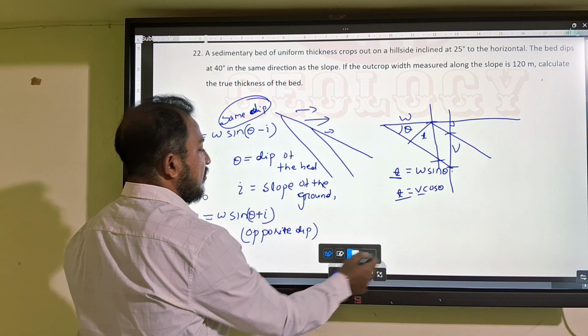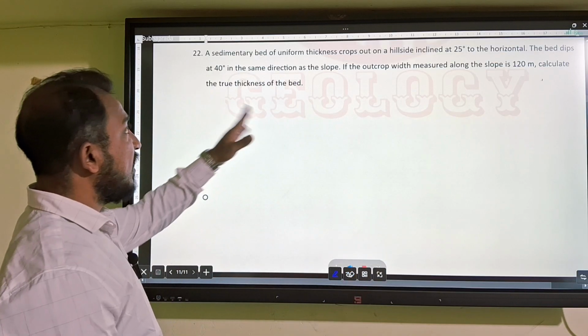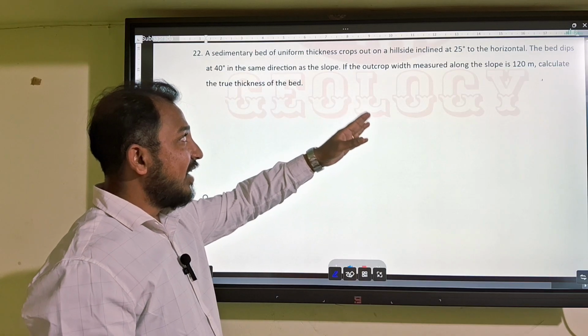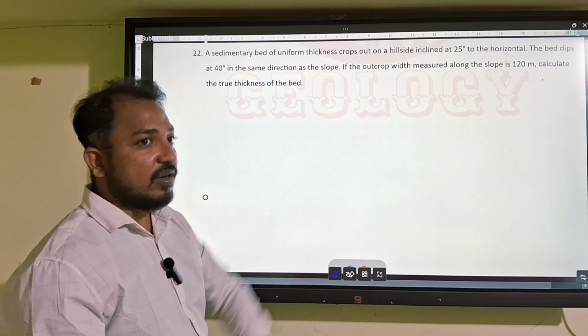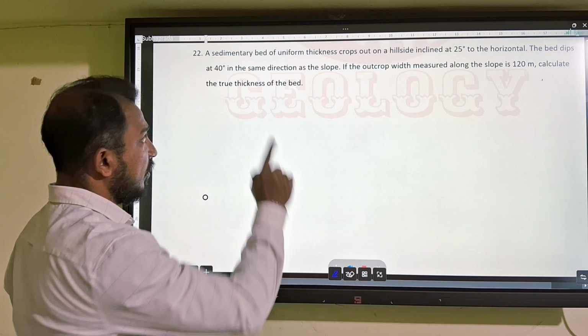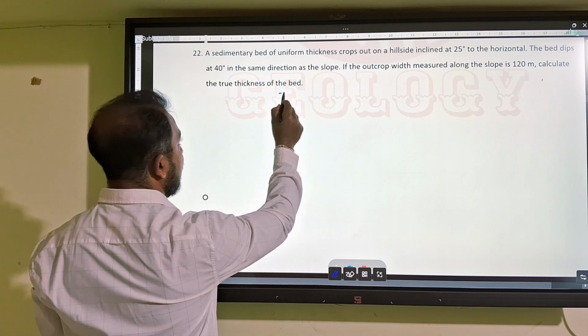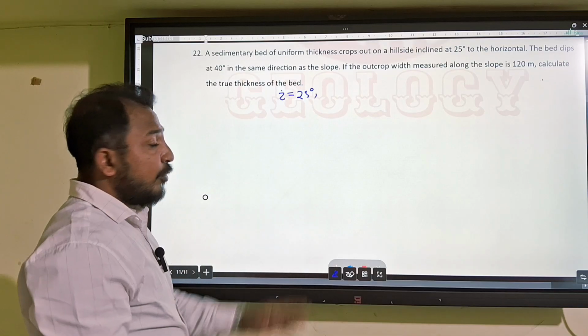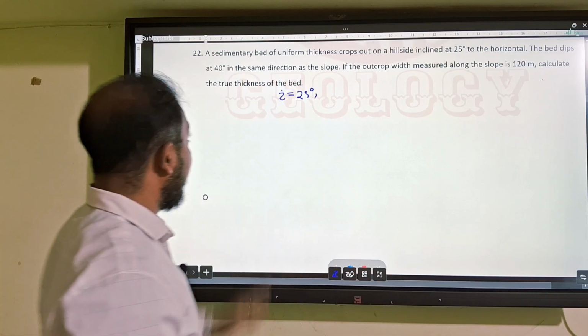So let's move to the first problem. A sedimentary bed of uniform thickness crops out on a hillside inclined at 25 degrees to the horizontal. That means the hillside has an inclination, that is your slope, that is 25. The bed dips 40 degrees in the same direction.